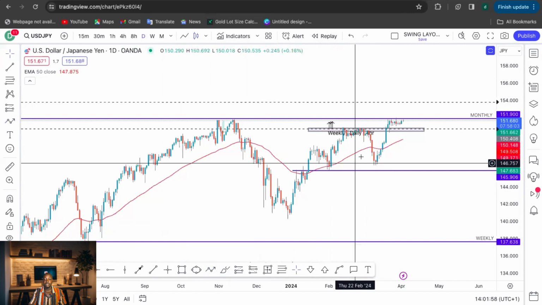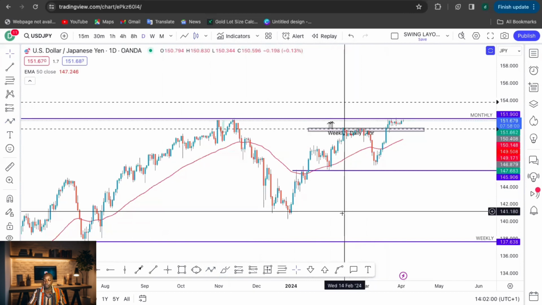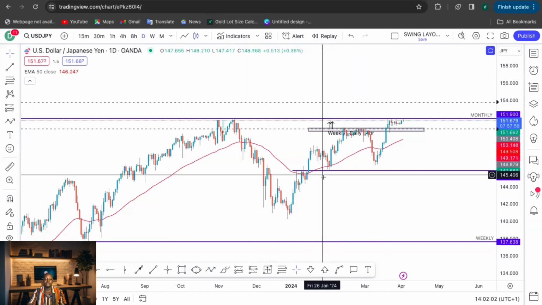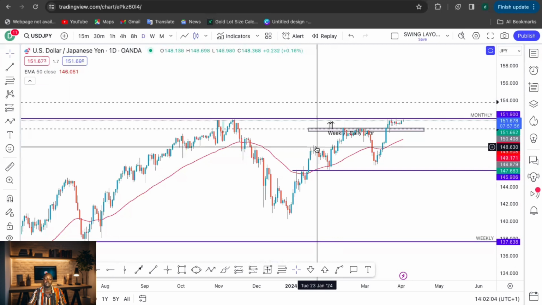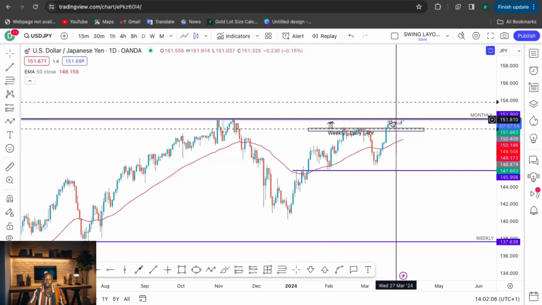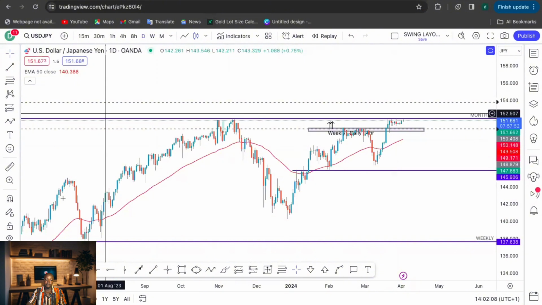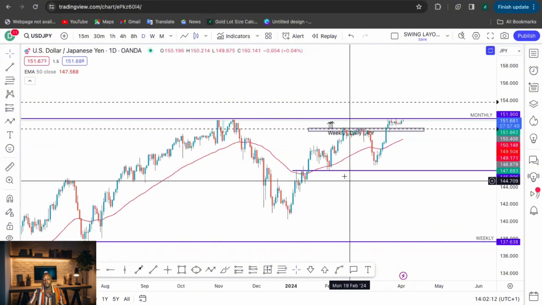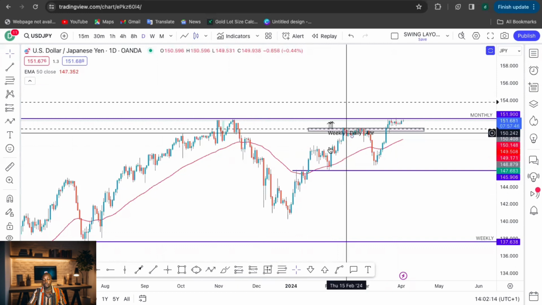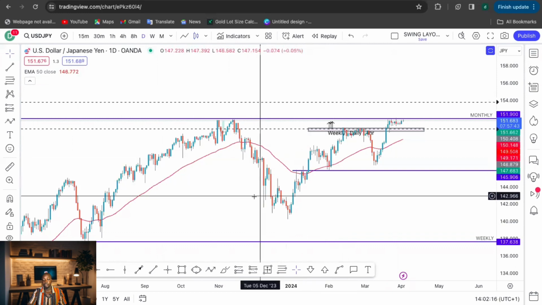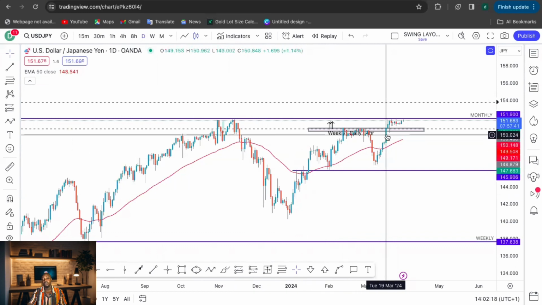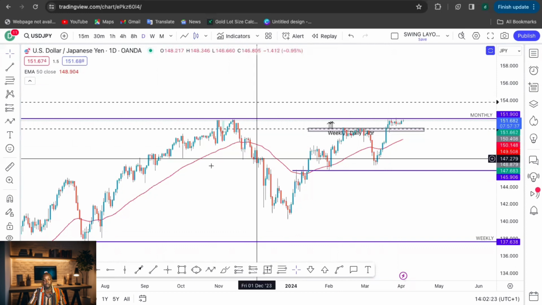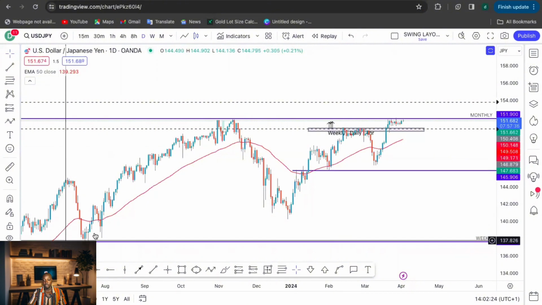The EMA has just given me more confidence, because if the market is above the 50 EMA, it tends to be in an uptrend. Not all the time. Again, indicators could lag, but just humor me.